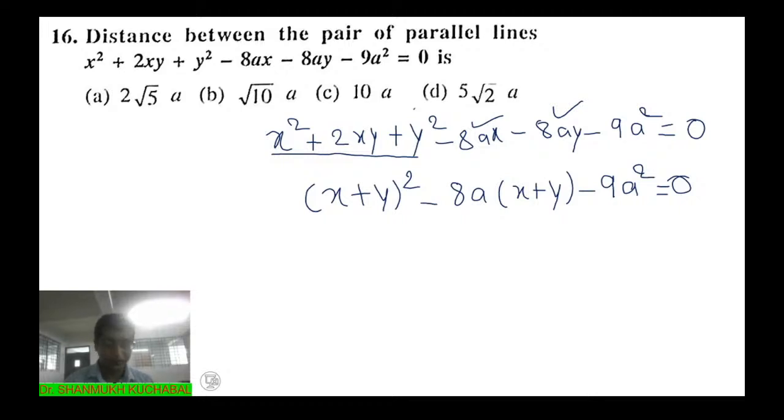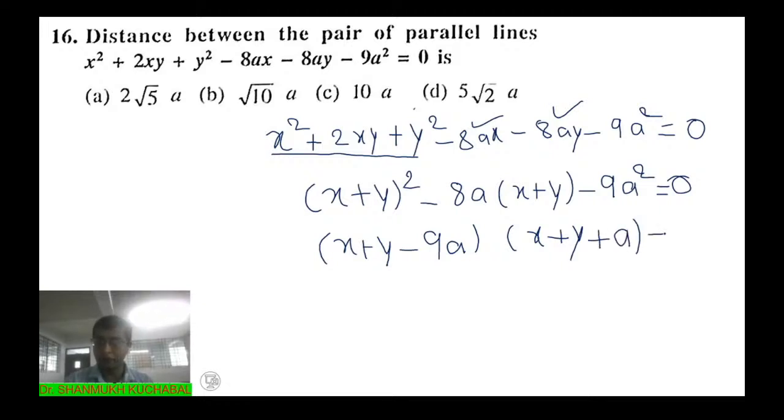So this is of the form a square minus 2ab minus b square, like this. Okay, so this can be further written as x plus y minus 9a times x plus y plus a.